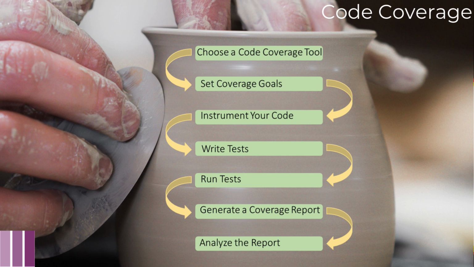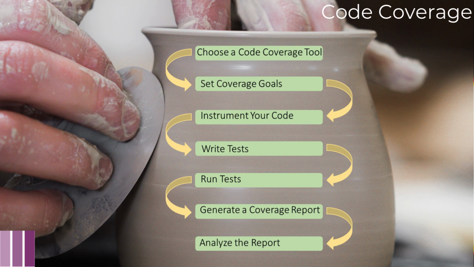You need to instrument your code, which means modifying it to collect coverage data. The coverage tool typically provides instructions on how to do this. This may involve adding special markers or flags to your code. Then develop a comprehensive set of tests that exercise various parts of your code base.